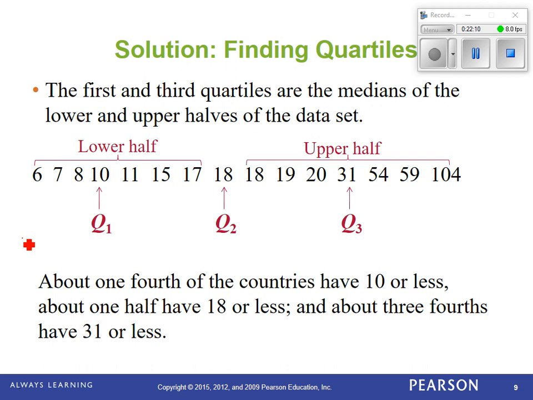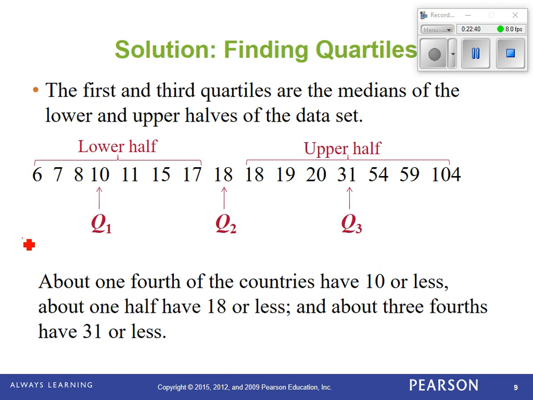About 1/4 of the countries have 10 or less. So 25% have 10 or less. About 1/2 have 18 or less. And about 3/4 have 31 or less. So 75% of all the countries in the world have 31 or less nuclear power plants.